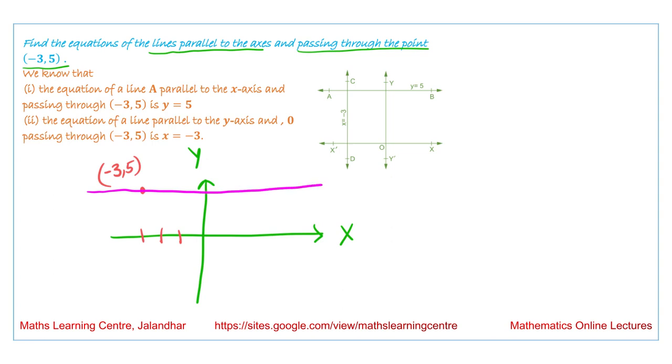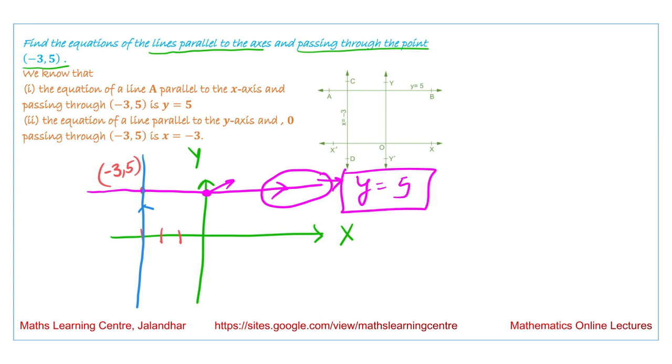This is the line parallel to the x axis and this is the line parallel to the y axis. For this line, the value of y is fixed, it is equal to 5. For this line, the value of x is fixed, it is minus 3. So, the equation of this line is x is equal to minus 3 and the equation of this line is y is equal to 5.